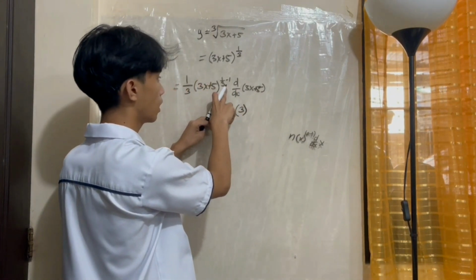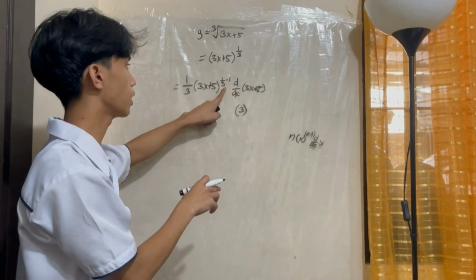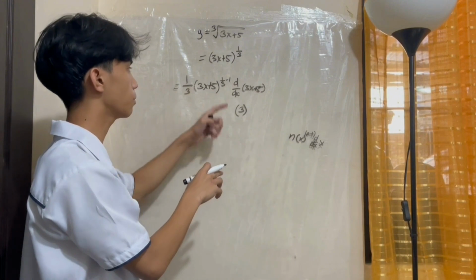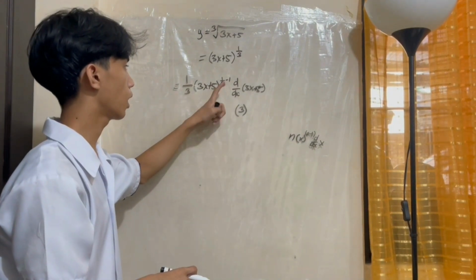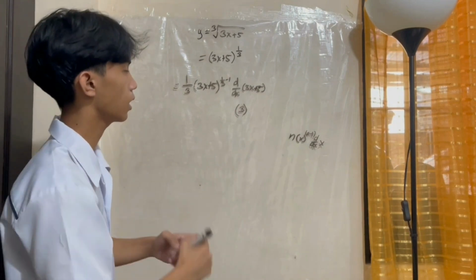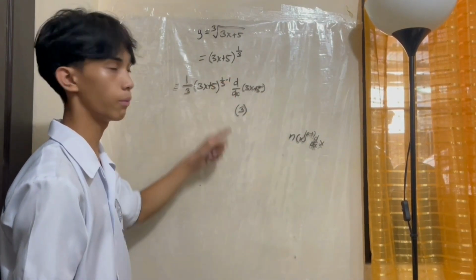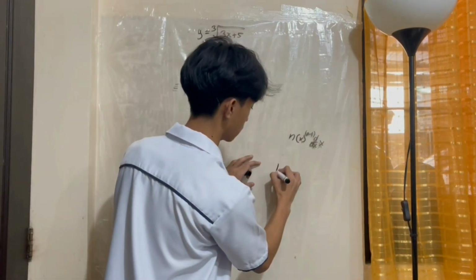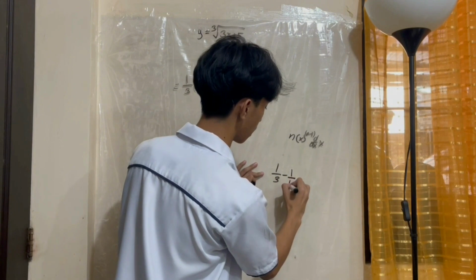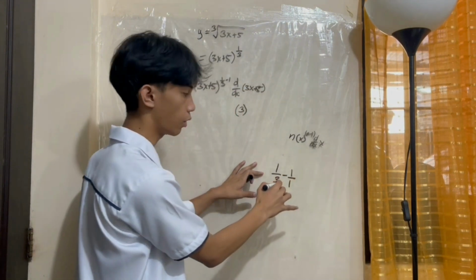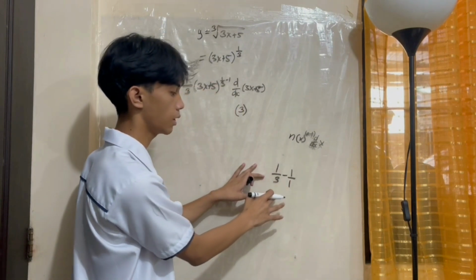Now, let's turn our exponent, subtracting our exponent fraction with a whole number. So, as I said earlier, we need to write our whole number in fraction form. As we can see, they don't have the same denominator.